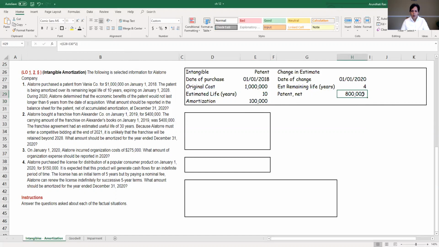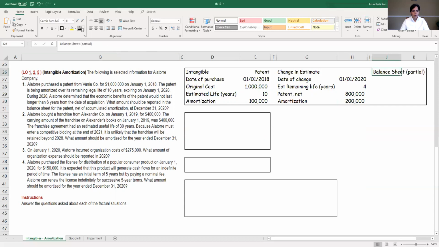We take this number now, divide it by the remaining life, and you say that your amortization moving forward is going to be $200,000. So the first 2 years, we amortized 100,000 each, that's 200,000. In the third year, we've amortized 200,000, so a total of 400,000. The question being asked is, at December 31st, 2020, what is the balance sheet amount you're going to report?